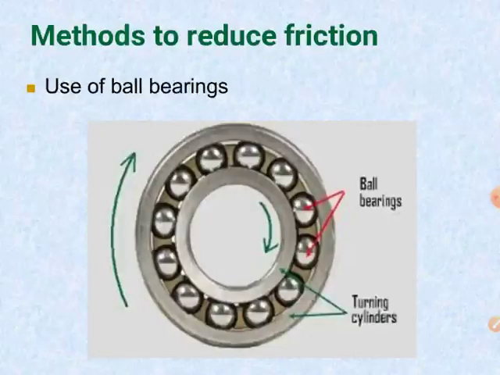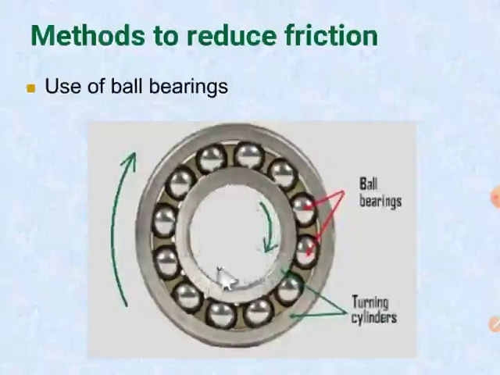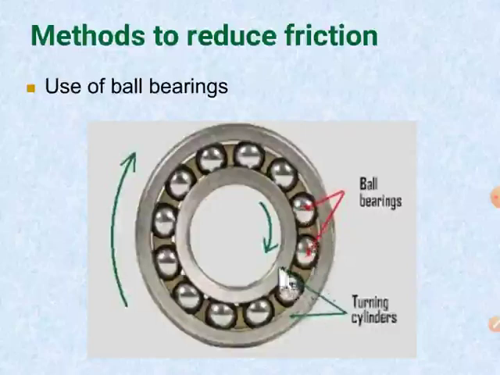And the next one is by using ball bearings. You will see here some steel balls are there, and this is for fixing the axle. Got it? If it is used with that axle for rotation, then due to the moving of these spherical steel balls here, we can call them ball bearings, and these are known as turning cylinders.